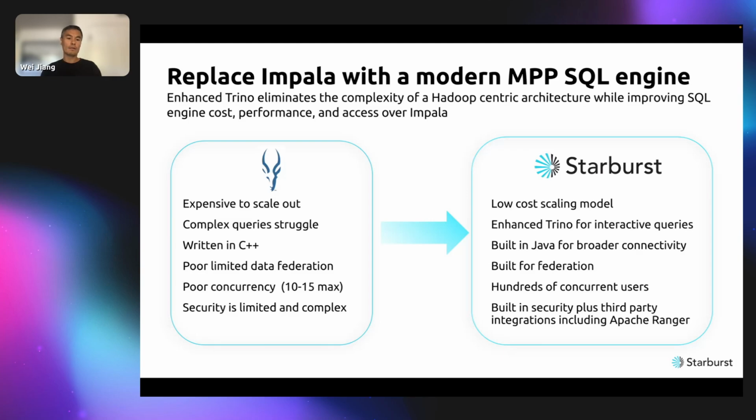The only time that Impala runs into trouble is when you have concurrency of over 15. And if you want to really tune or rescale or retune Impala, we've seen it being very, very complex as well. Hive was really the first MPP query engine. For its day, it was definitely great.